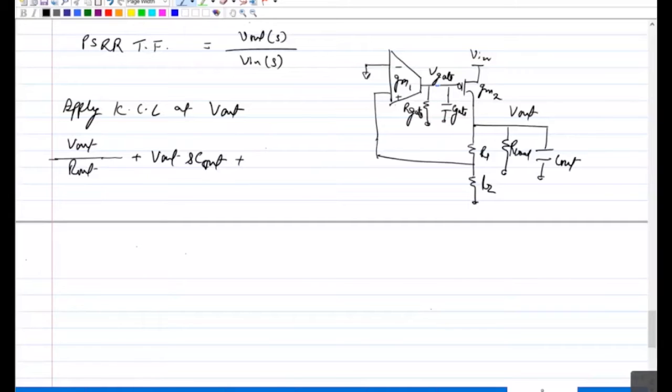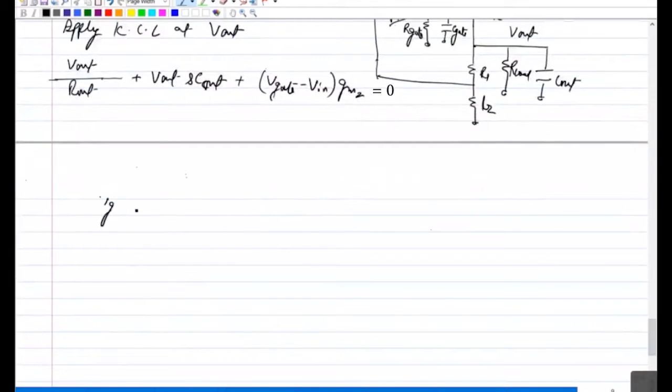And this V gate is again V out into beta gm1. Correct. So what is V gate in terms of R? It's V out into beta, into Z of gate.